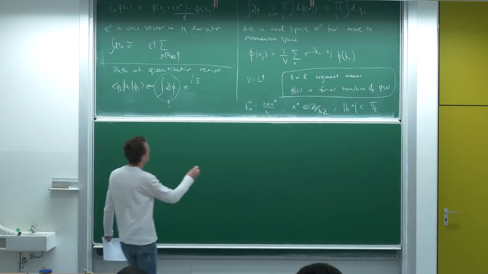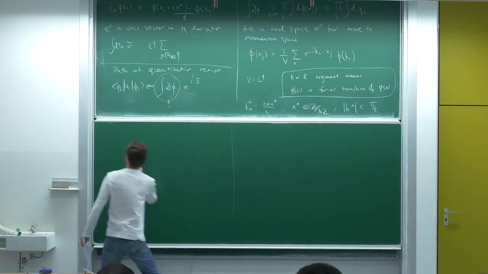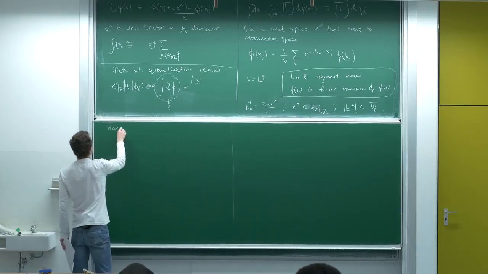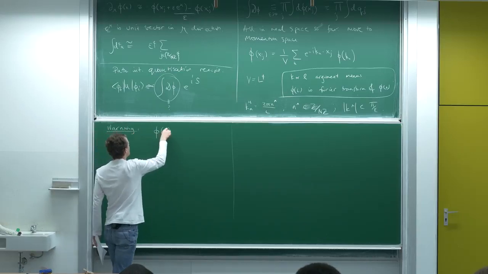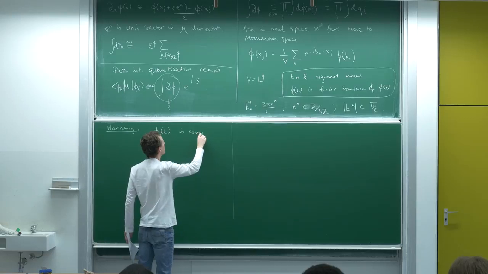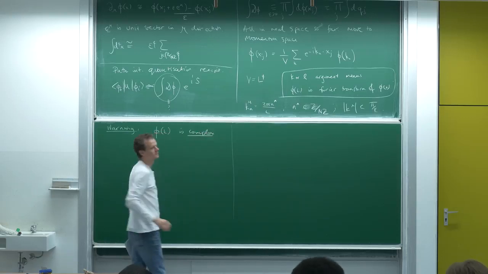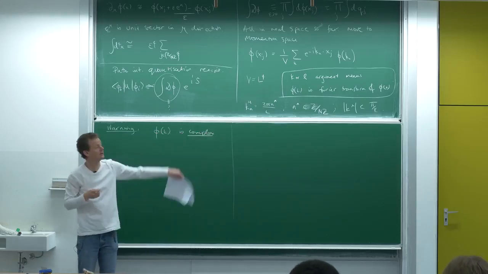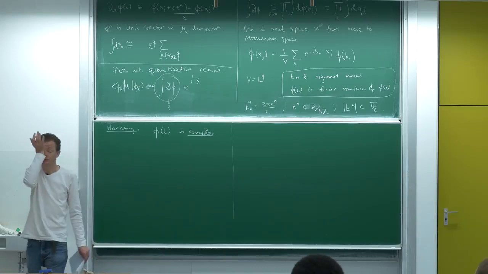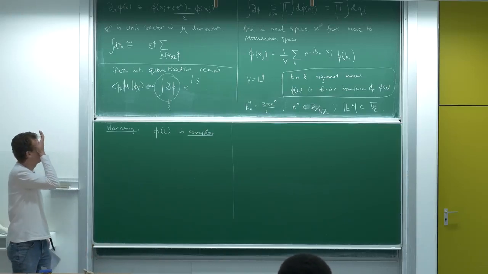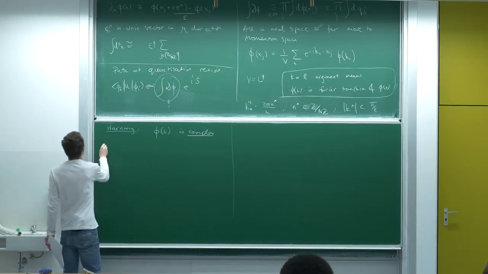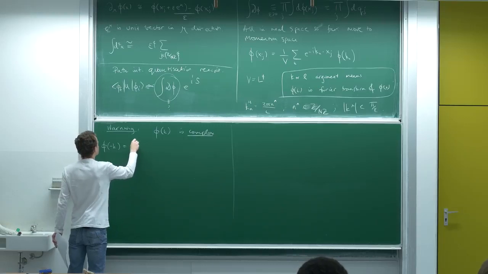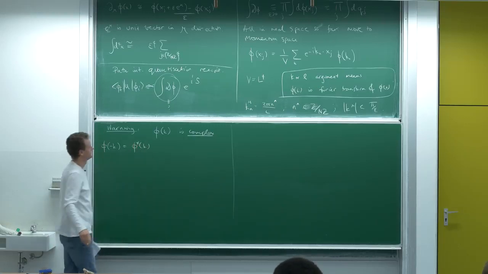All right, so warning number 1. Phi k is complex. Just look at how it's defined. So even if phi is real, then phi of k is complex. Phi of x is real, phi of k is complex. But we do have that phi of minus k equals phi star of k.